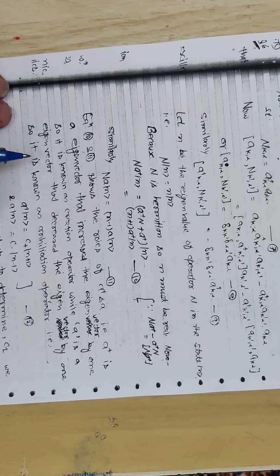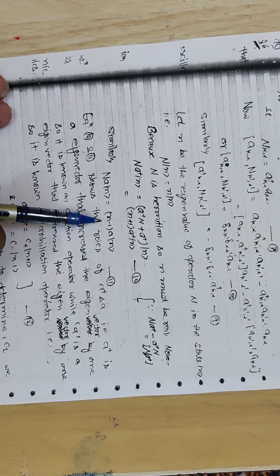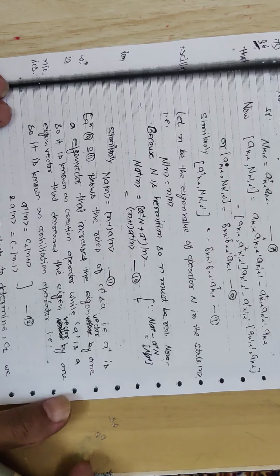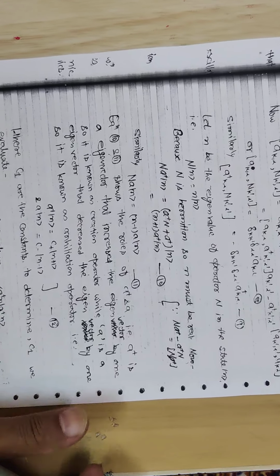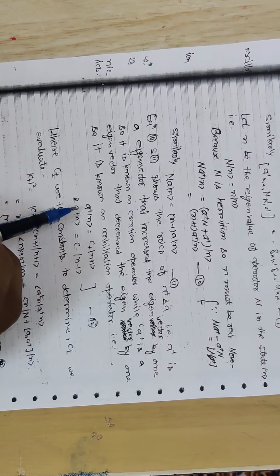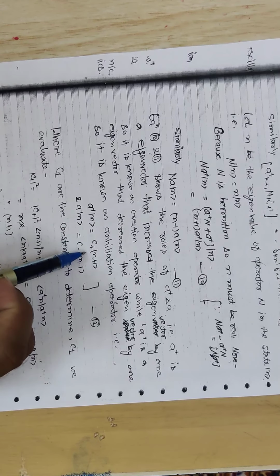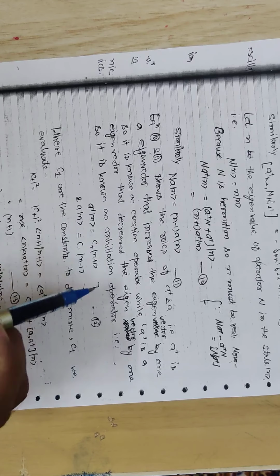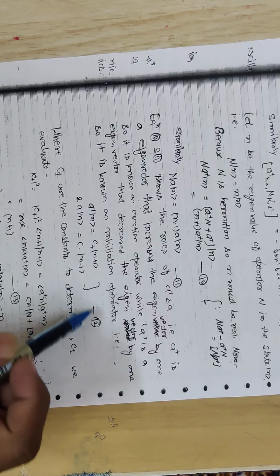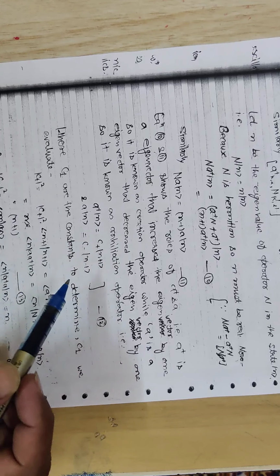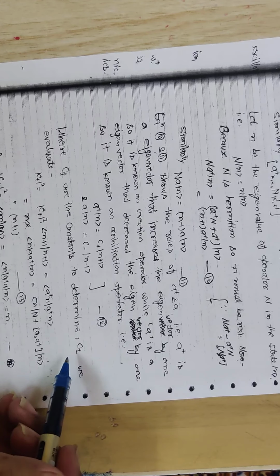While A is an eigenvector that decreases the eigenvalue by 1, that is n minus 1, so it is known as the annihilation operator. This means A dagger|n> can be written as C plus |n plus 1> and A|n> equals C minus |n minus 1>, where C plus and minus are constants to be determined.